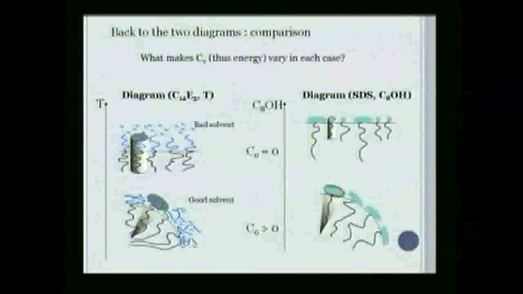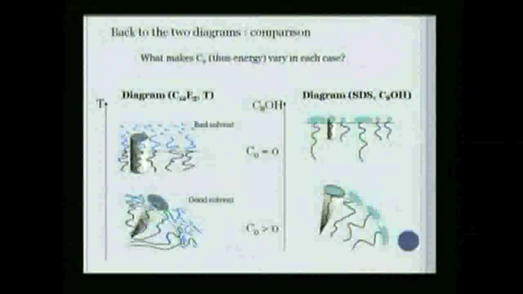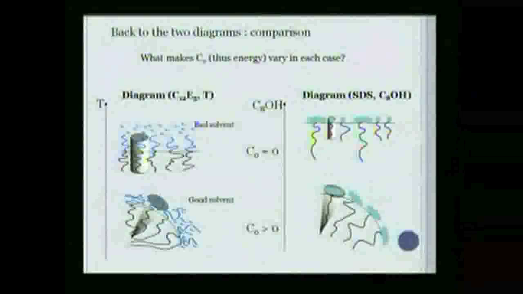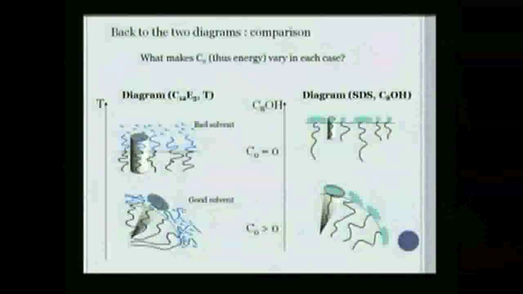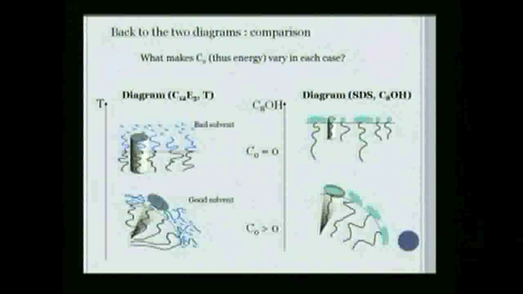So if we go back to the diagram, let's make a comparison between the non-ionic and ionic. The energy is changing, because, of course, entropy is changing, but also enthalpy is changing, and enthalpy is changing because curvature is changing. And curvature is changing because the spontaneous curvature C0 of the surfactant is changing.